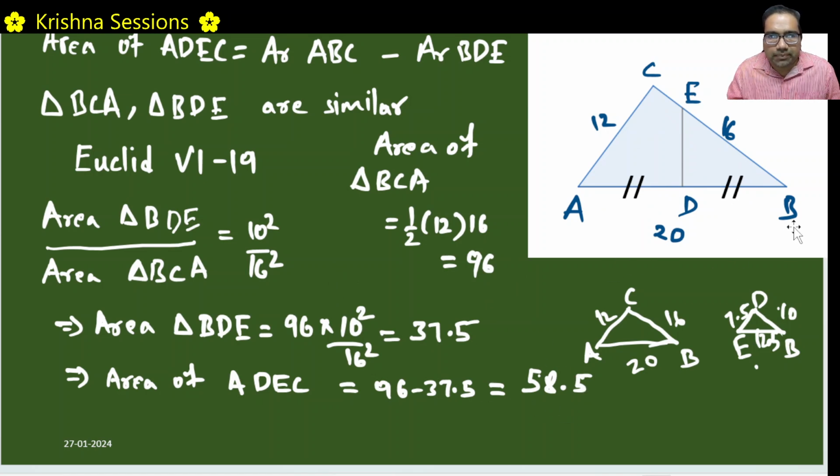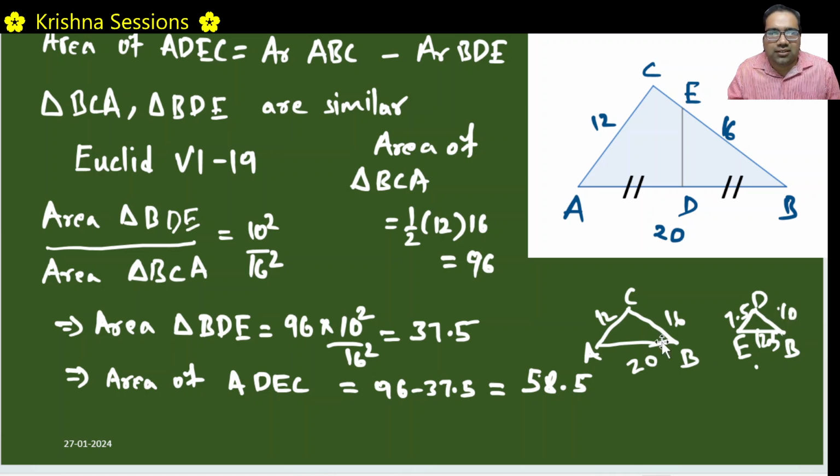Please notice, this triangle BED or BDE is similar to this triangle, but it is not 3, 4, 5. It is 7.5, 10, and 12.5. It's not 6, 8, 10. Please notice that the 16 length corresponds to this 10 length. It is not 20 that corresponds to 10.